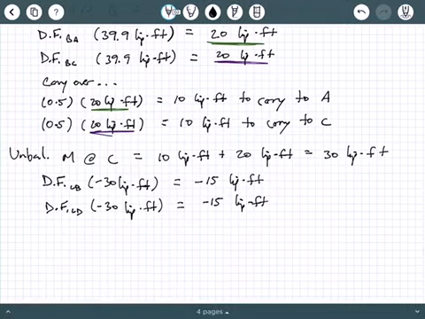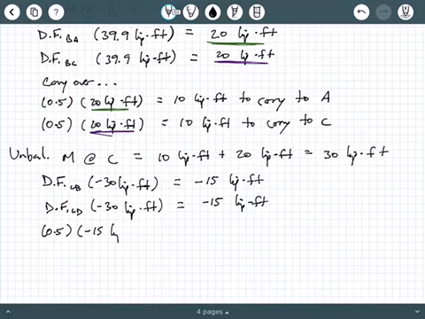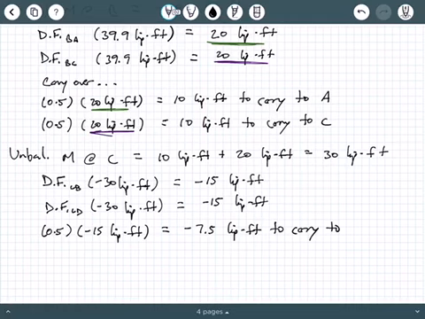We're going to carry over 50% of each of those to their adjacent reactions. So we say carryover factor is always 0.5 times negative 15 kip feet equals negative 7.5 kip feet to carry to B.